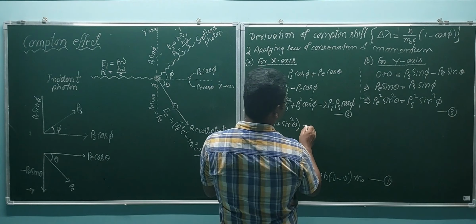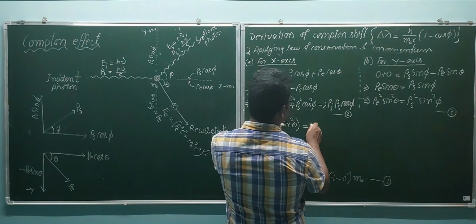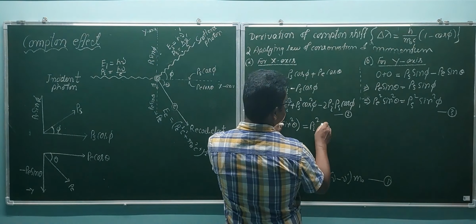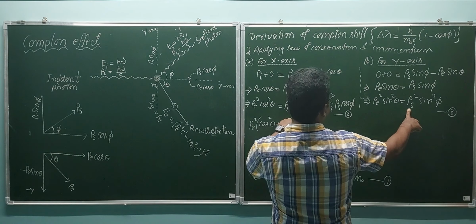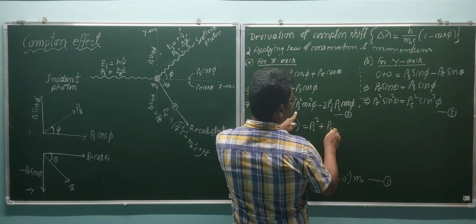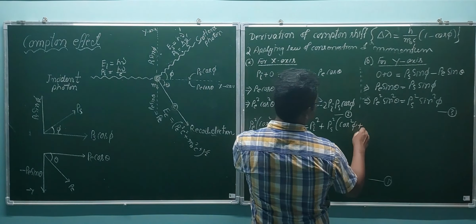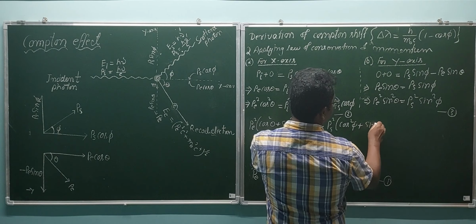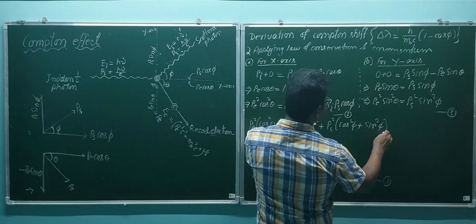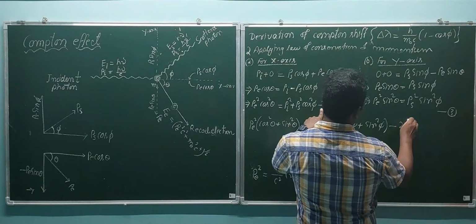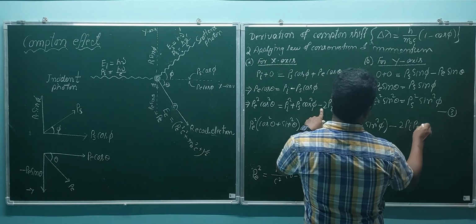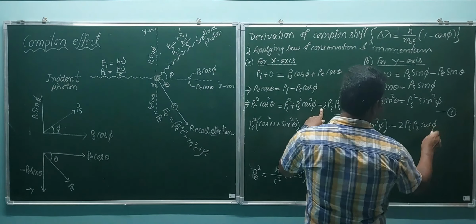On the right side, pi square, and ps square is common with cos square phi plus sin square phi, minus twice pi ps cos phi.